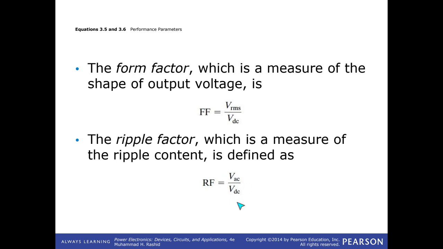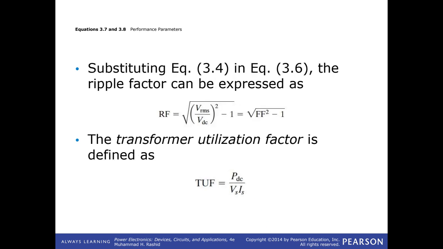Form factor should be 1, it's always higher than 1, and ripple factor should be equal to 0. And the relationship between those: ripple factor is equal to the square root of form factor square minus 1.